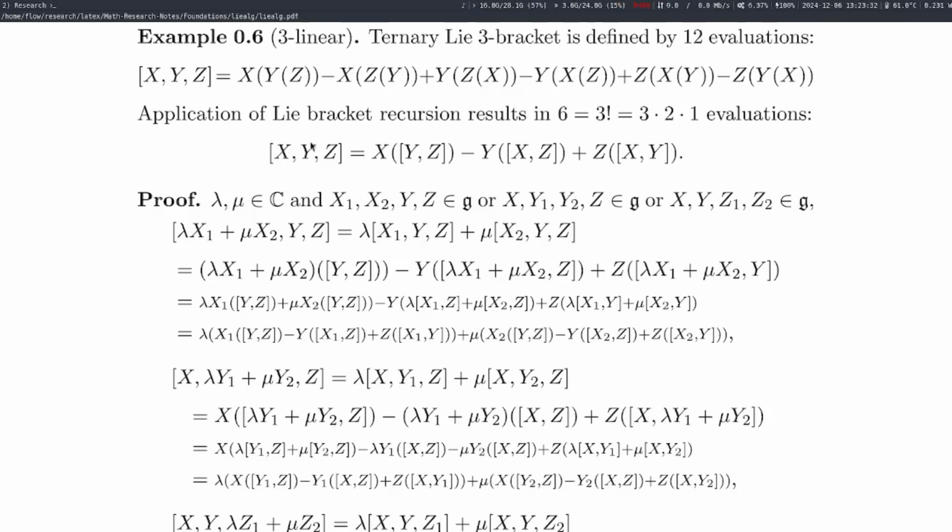And so this can be verified by inspecting this formula and expanding it out. And what's nice is that instead of 12 evaluations, this only uses 6 evaluations. So it's twice as efficient to use this recursion formula for ternary Lie brackets instead of the original definition.